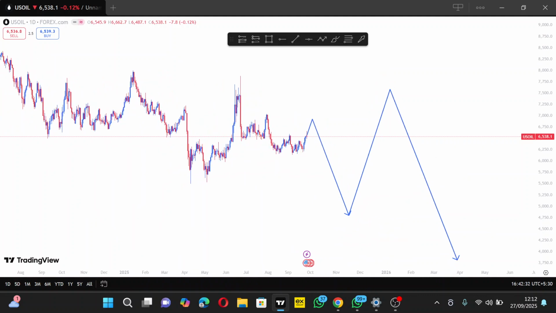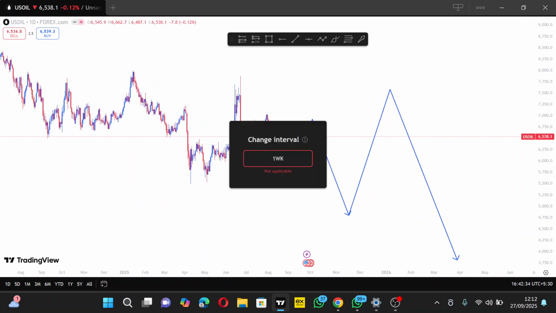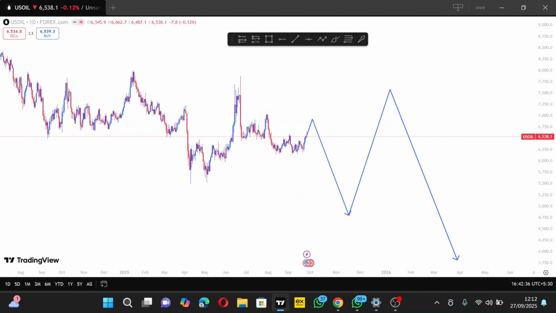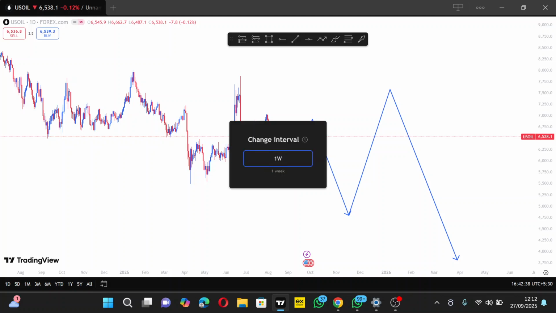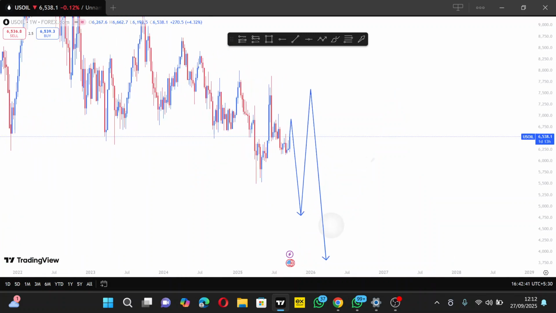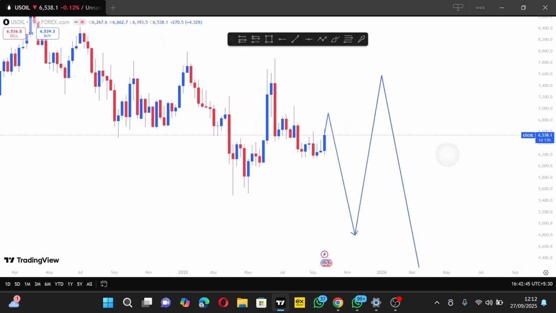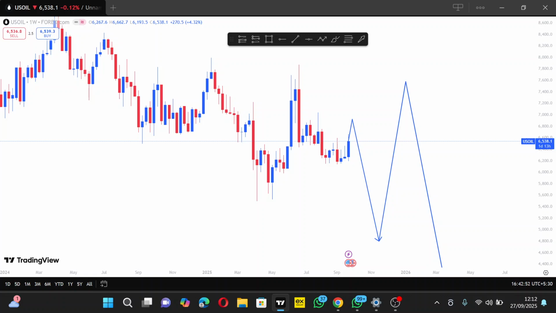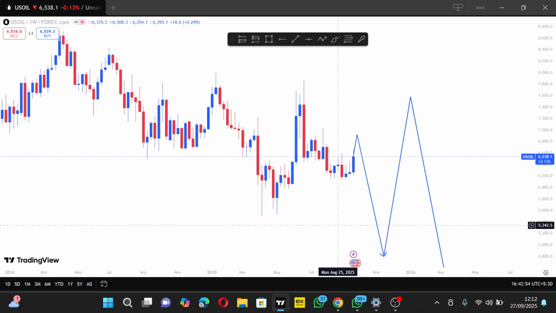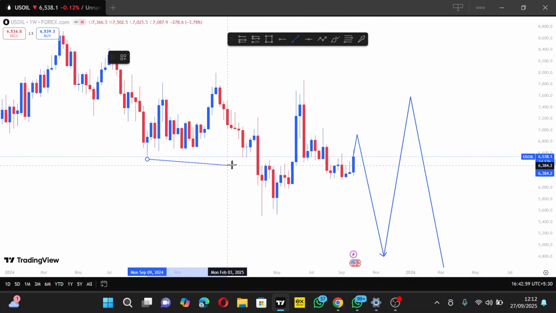Let's go to weekly. Where's that guy that was asking me to talk about US oil? Now let me explain what I'm seeing. US oil is bearish for now, so we need to follow the trend. This is a bearish market structure.